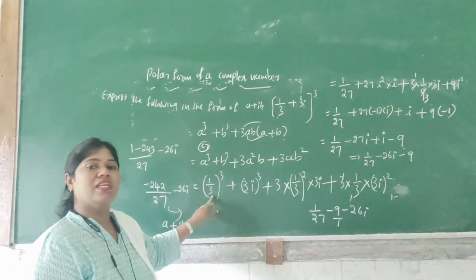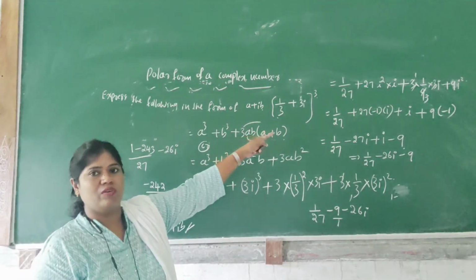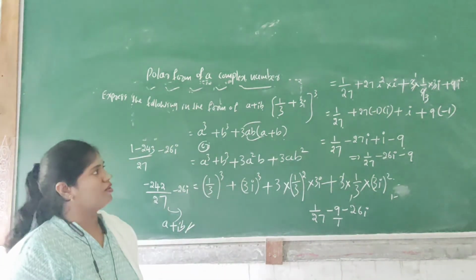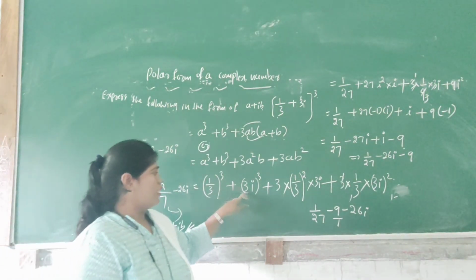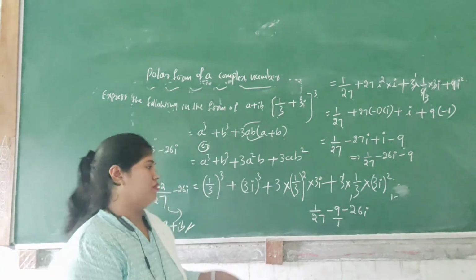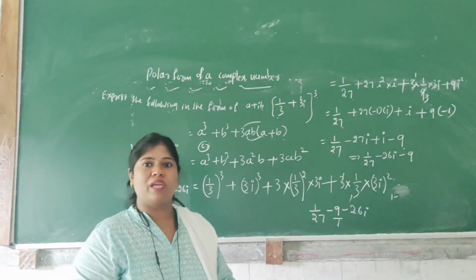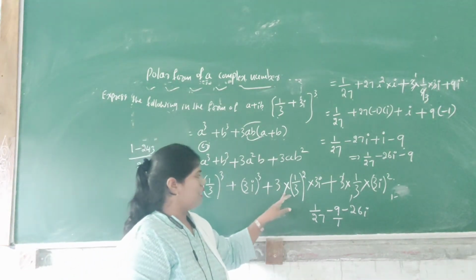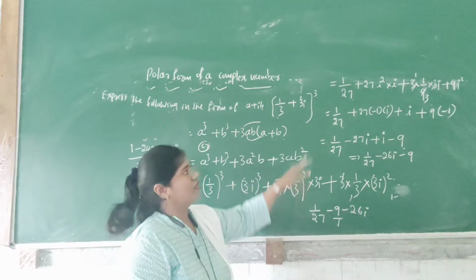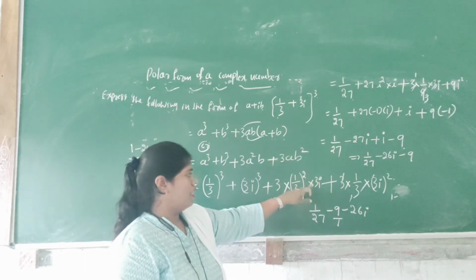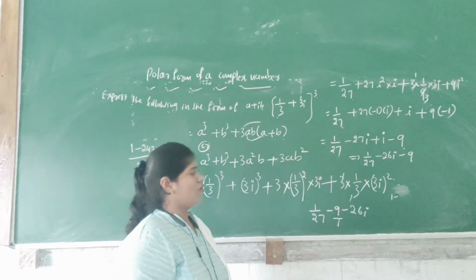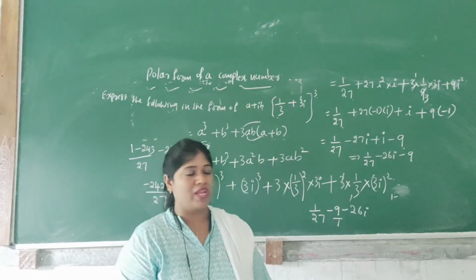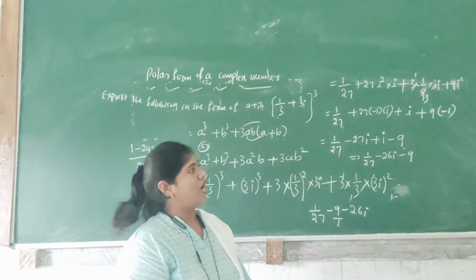After this, (1/3) whole cube is 1/27 now. So 1 cube is 1, 3 cube is 27, 1/27 plus 3 cube 27, i cube can be written as i square into i, plus 3 into 1/9 into 3i. It is there now. Plus 3 it cancels. 3i square is nothing but 9i square.